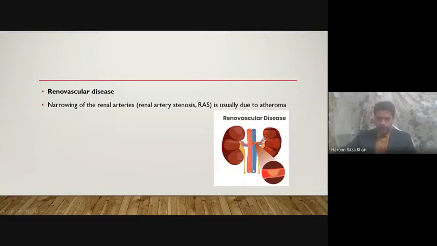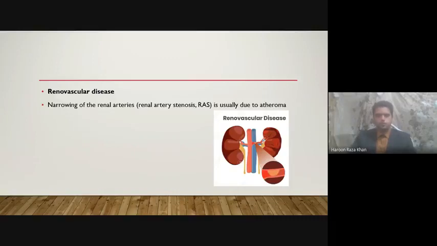As you can see here, these blood vessels are supplying the kidneys each. So a plaque or something like that can lead to a block in the perfusion of blood to the kidneys, and this condition is known as stenosis.